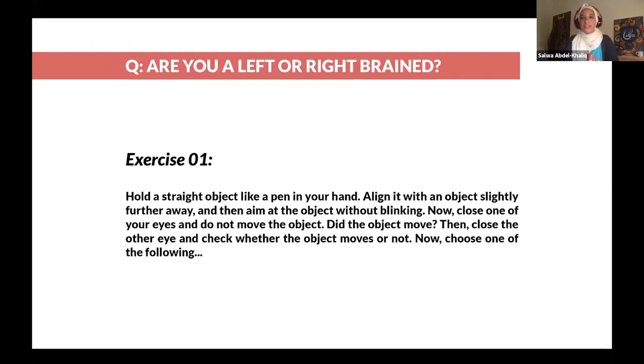We will start with an exercise to know if we are left-brained or right-brained at the moment. I'm going to ask you to bring a pen or any object and put it in front of your face. Do you have any object like that?